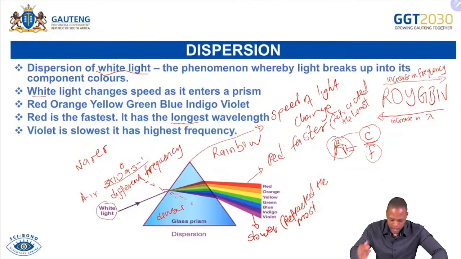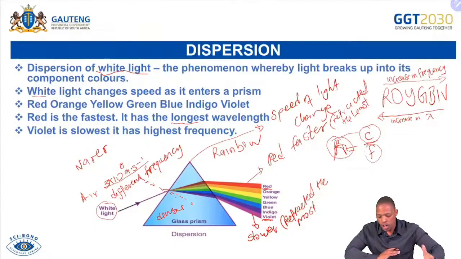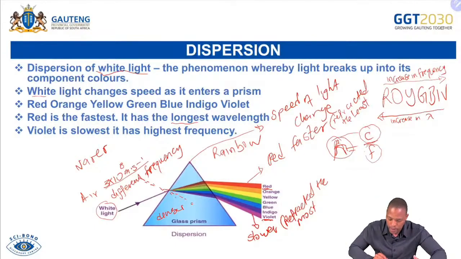But the truth of the matter is that the fastest is red, the slowest is violet. Red being the fastest is going to be refracted the least, while violet will be refracted the most. So it's very important for you to understand this in terms of the frequency, and in terms of the speed decreasing.